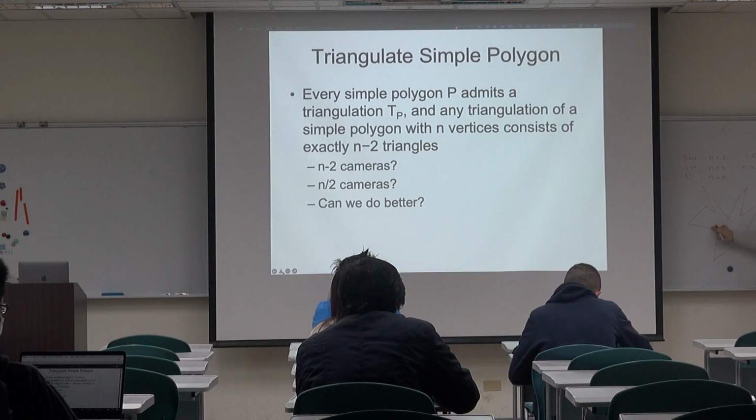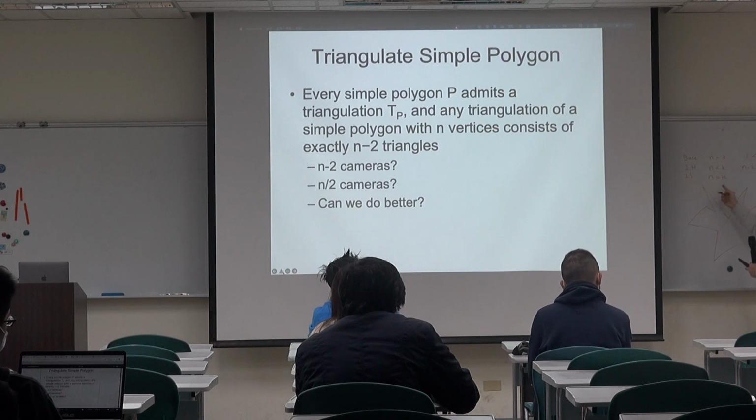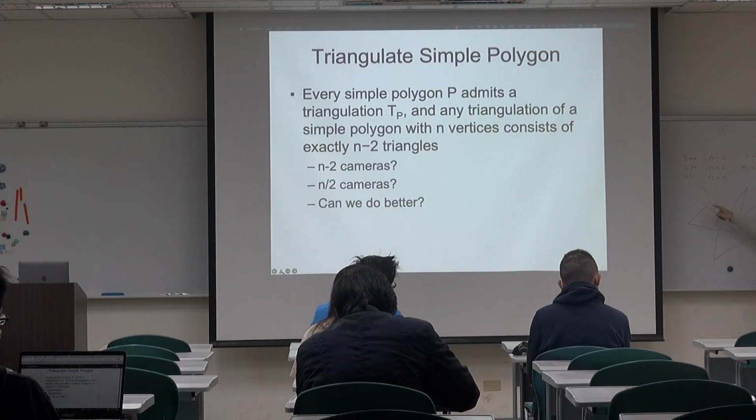But if I am able to introduce a diagonal line that does not intersect with any sides, then let's say this one has p number of vertices.